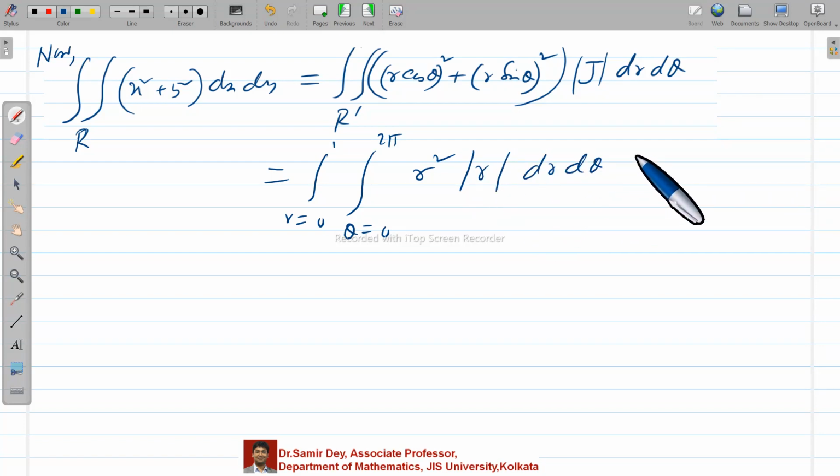Now I think it is clear. So now here your information is given in terms of range, so we need to perform theta at first.